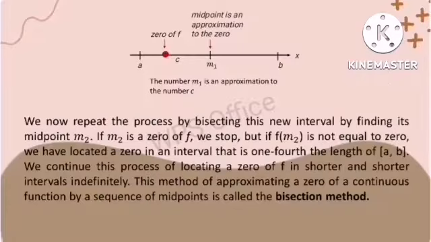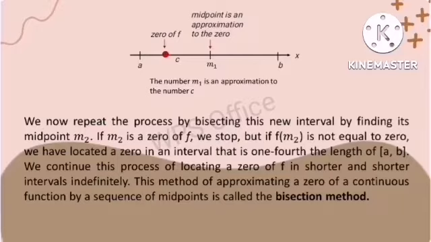That is, if f of m sub 1 is not equal to 0, then f has a 0 in an interval that is 1/2 of the length of the original interval. And now, we repeat the process by bisecting the new interval by finding its midpoint m sub 2.